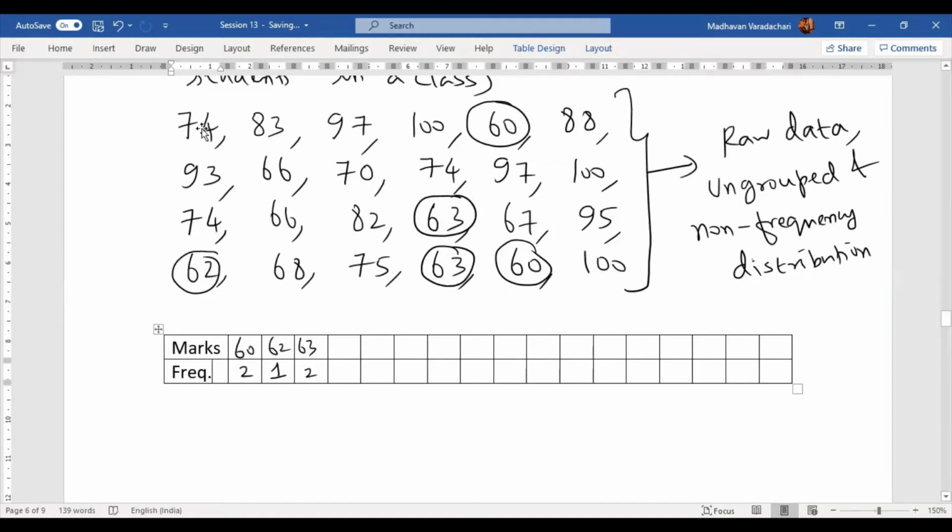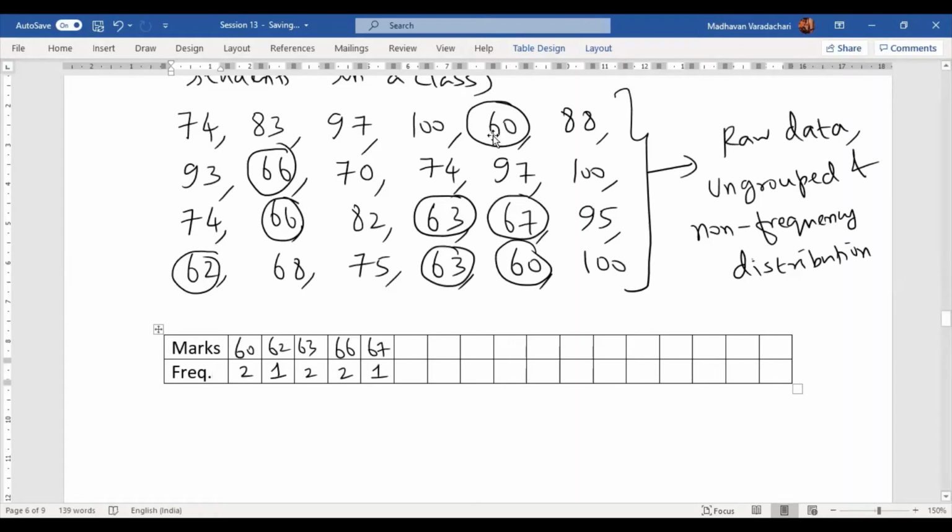Then is 64 there? No. 65? No. 66? Yes, here it is, and here it is. So I can say 66, 2 times. 67 is there? Yes, 67, 1 time.